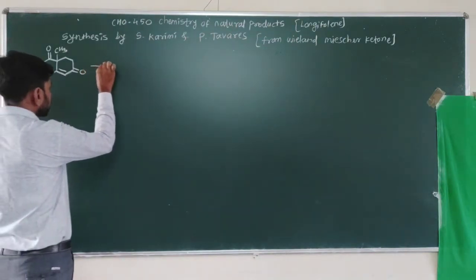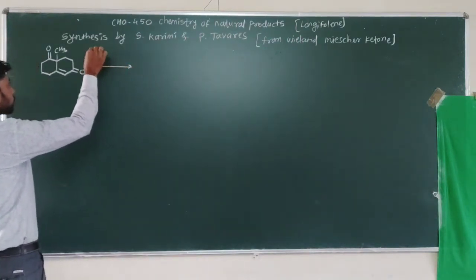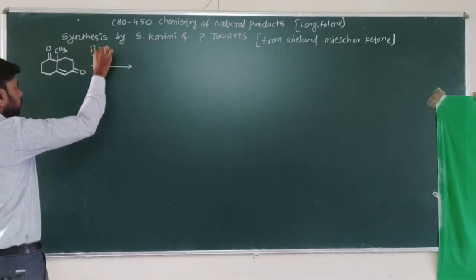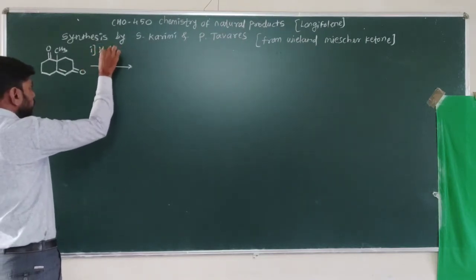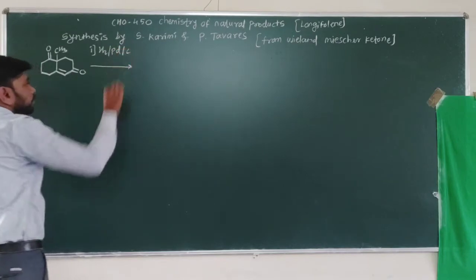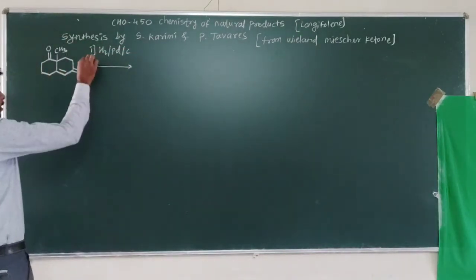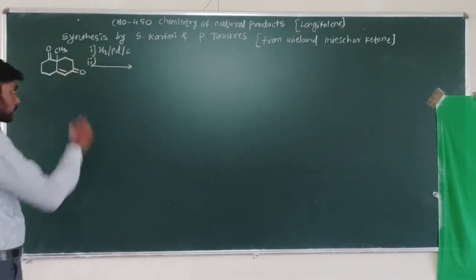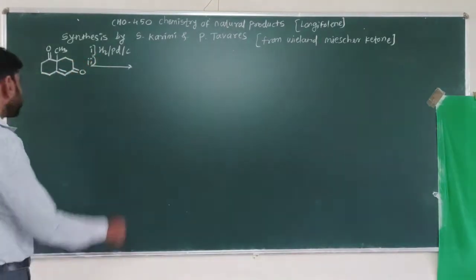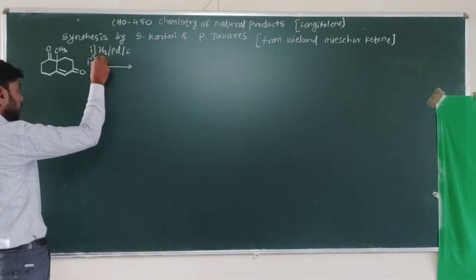Now this Wieland-Miescher ketone, in the first step we have used the reagent H2, palladium in presence of carbon catalyst. This is the first reagent we have used. We know the function of this first reagent.